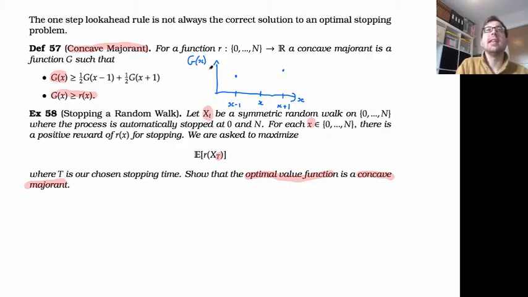I can look at the average of these two numbers, which is essentially just drawing a line between these two points and taking the point in between. That gives this. We need g(x) to be bigger than this point. In other words, if I plot all the points that g takes, it needs to look like a concave function.